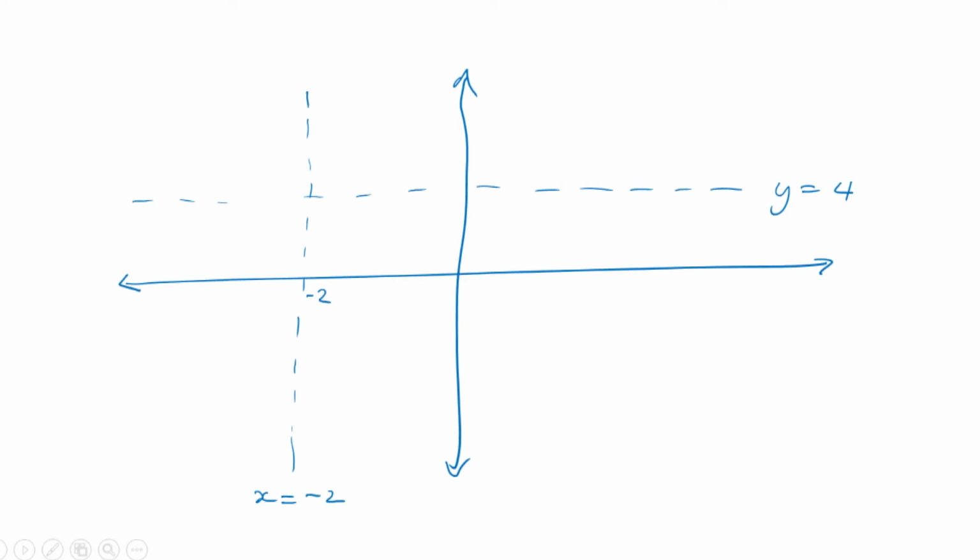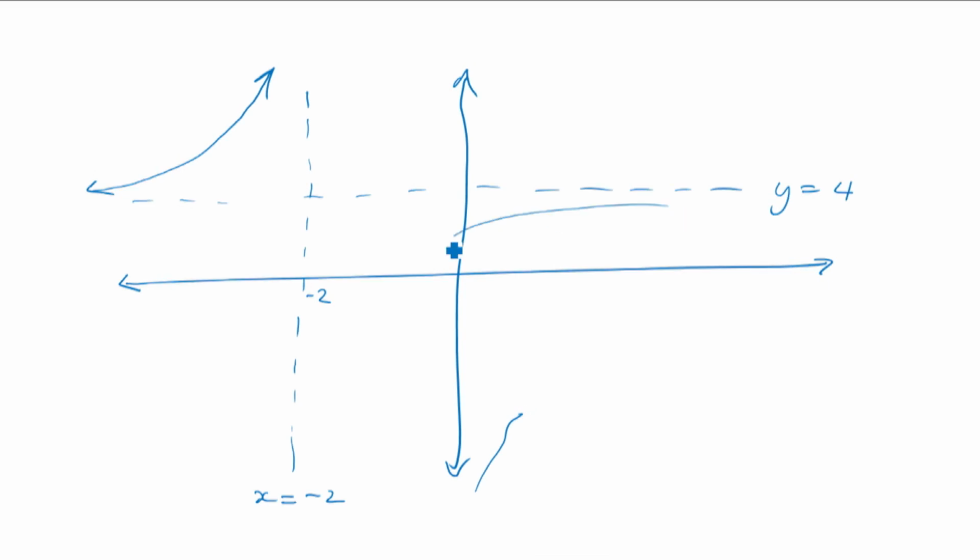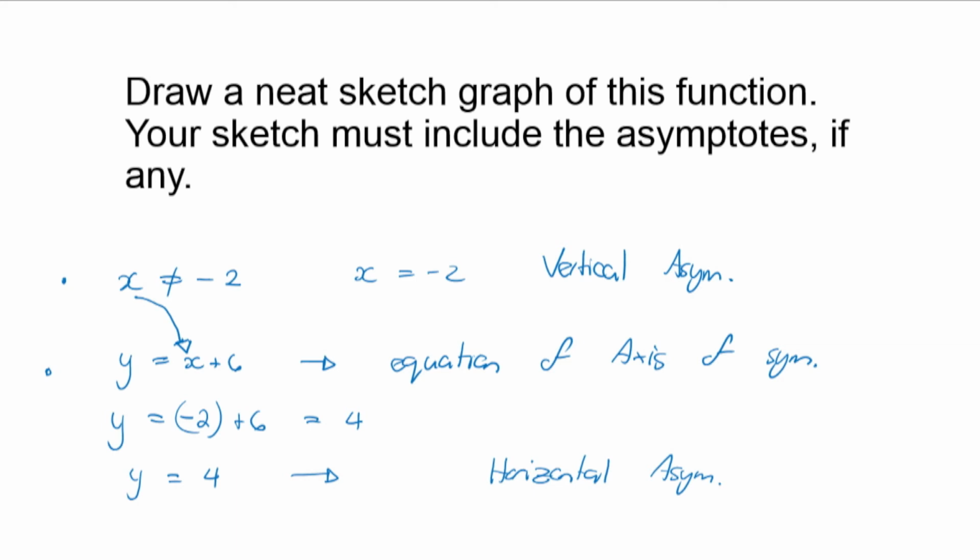We know we're going to be increasing, so it's in the third and fourth quadrants. Let's go closer to the asymptote, because we need to go closer to the asymptote. So that is your graph. This is the rough sketch they want. Any restrictions on this? No, that was it. Just show the asymptotes, which we did.